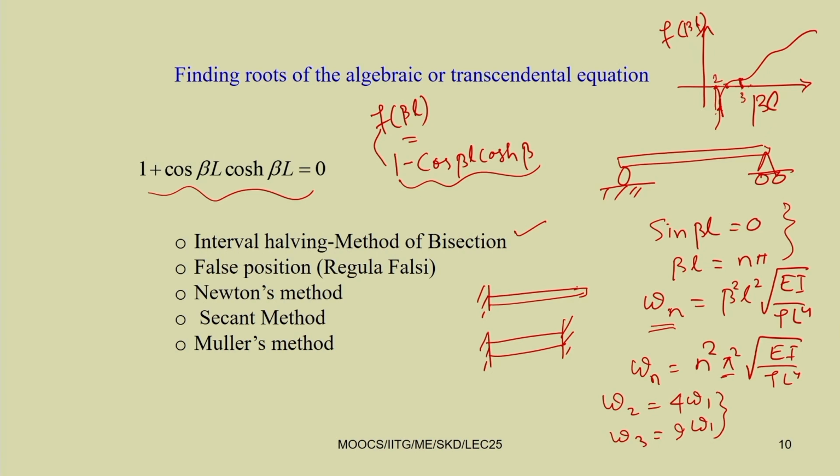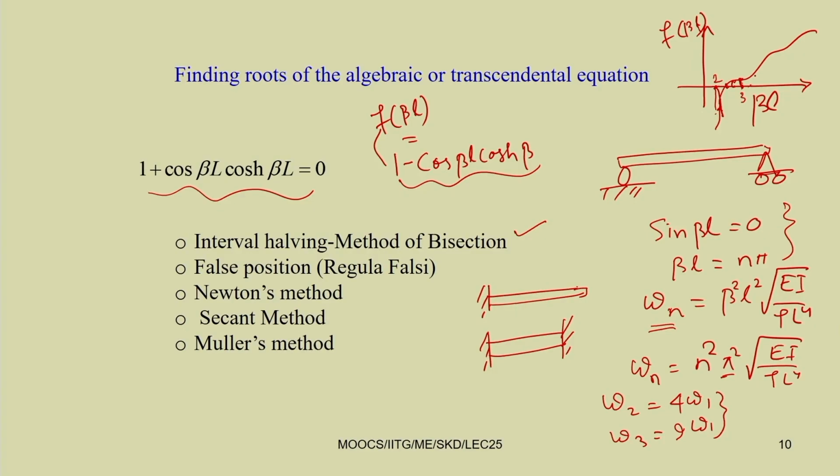It will be equal to 2.5, by taking the middle of this, that is 3 plus 2 by 2, so that is 2.5. So, we can find the next value; let that value be 2.5, and again it has a positive value. So, the next iteration will be between 2 and 2.5. This time, by taking 2 and 2.5, the next value of beta L will be equal to 2.25.